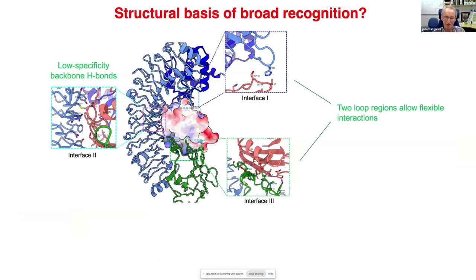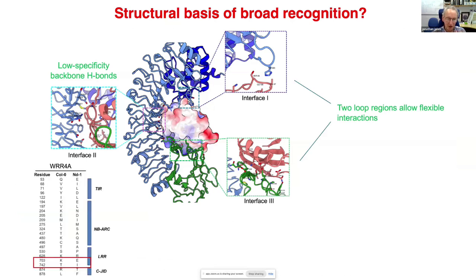So what do we learn from this? We can see 3 regions where the effector is interacting with the immune receptor. Interface 1 is up here near the LRRs, interface 2 with the middle of the LRRs, and interface 3 involves the so-called CJID domain at the C terminus. And in this region here, you've got amino acids that are polymorphic between the functional Columbia allele and the non-functional Nidazens allele.